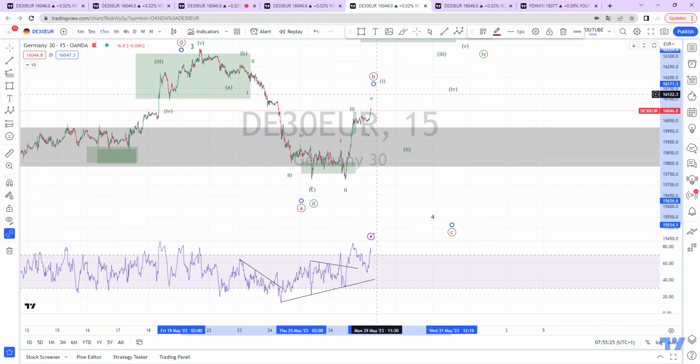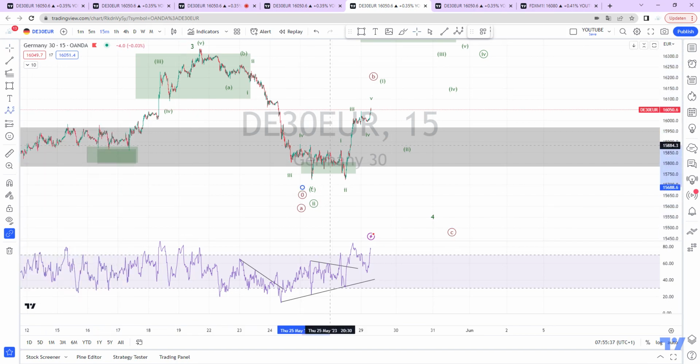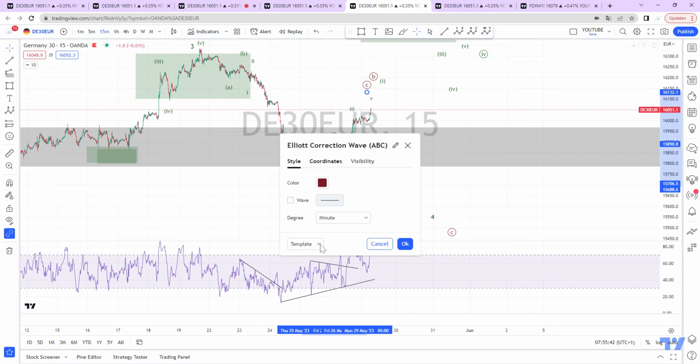So that would mean that a wave B is also corrective. So within the wave B, you also have an ABC, but from a lower degree, something like this.